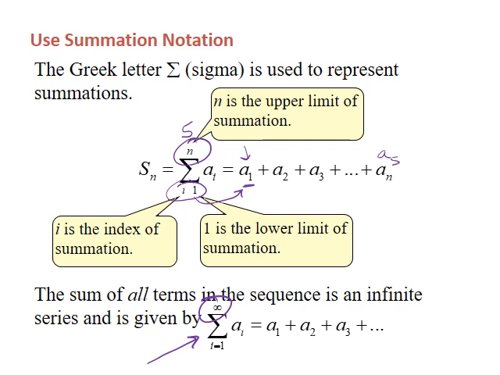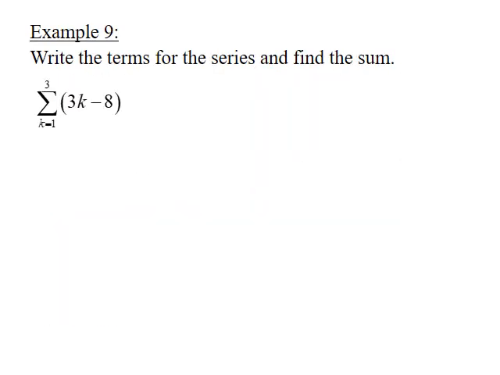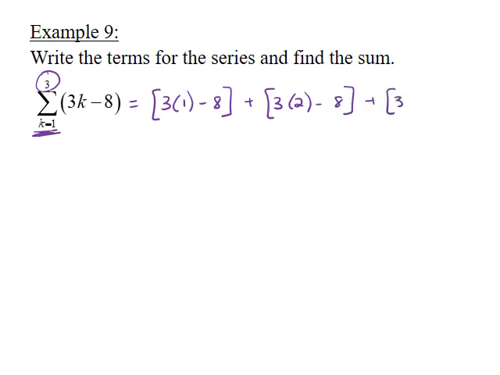Let's take some baby steps getting to become more familiar with summation notation. Here is our first example, and we want to write the terms of the series and then find that sum. So we are going to start with k equals 1, and we are going to end at 3. So this becomes 3 times 1 minus 8 plus 3 times 2 minus 8 plus 3 times 3 minus 8.